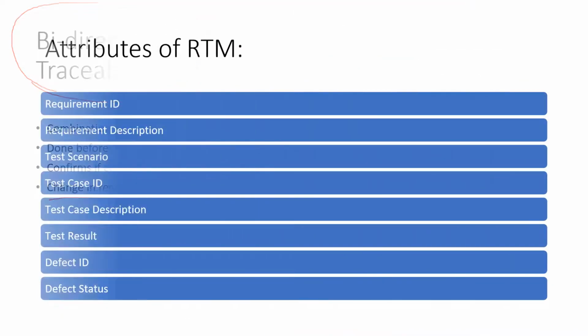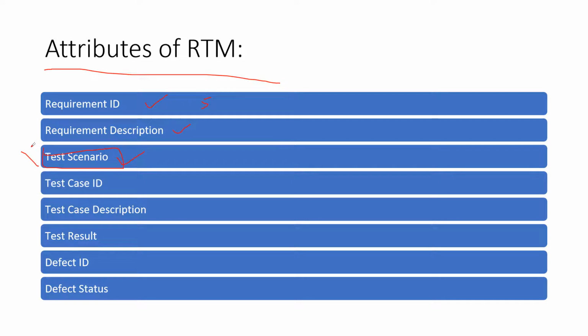Now, attributes. What are the attributes of requirements? We will have a requirement ID or a story number, and a requirement description, what the story is about. We'll have a test scenario if needed, but nowadays in real time we don't write test scenarios because we already have acceptance criteria available in the story, so don't worry much about this.